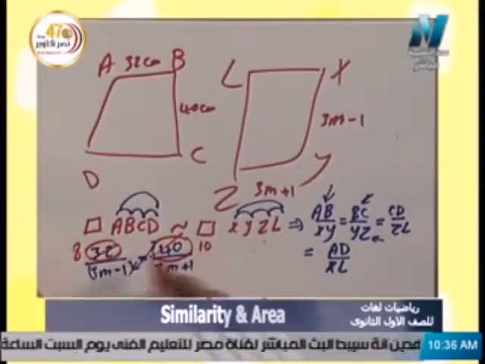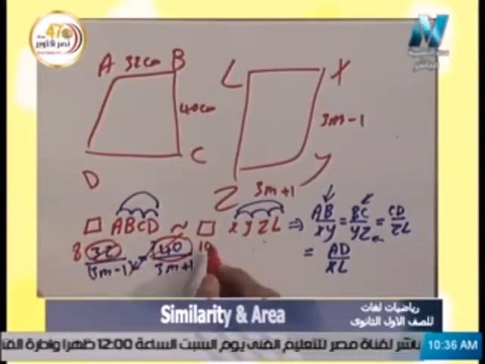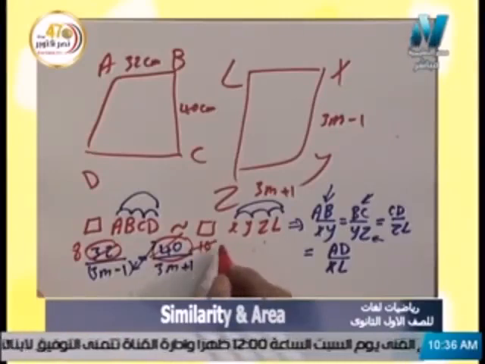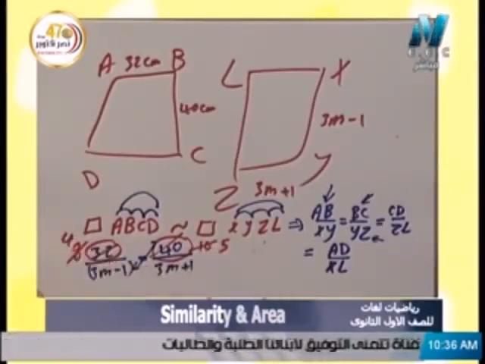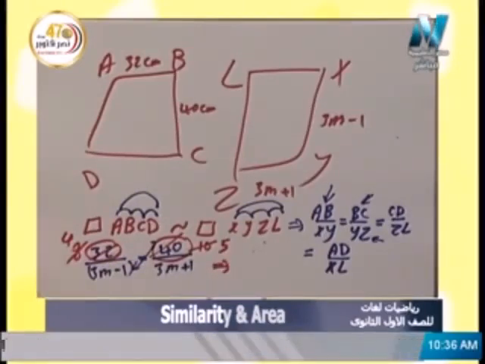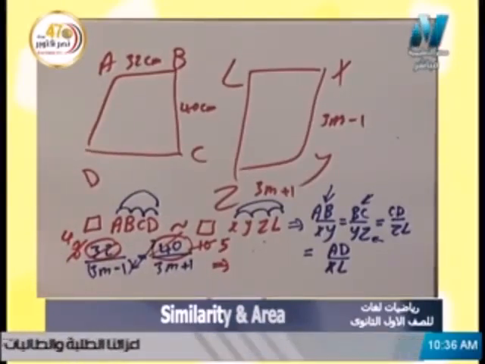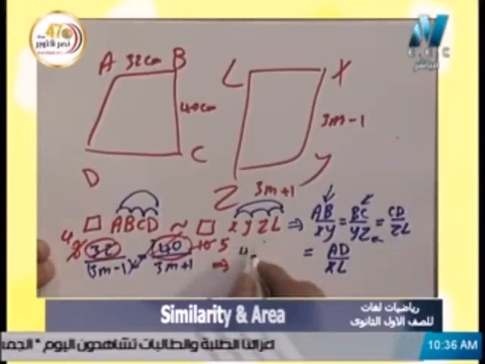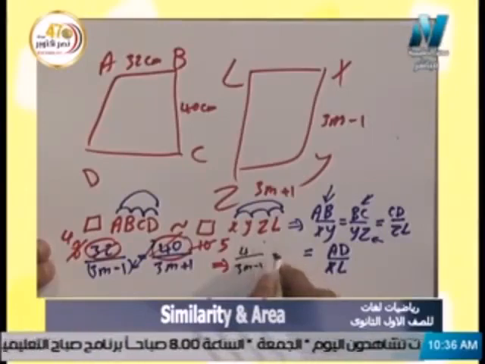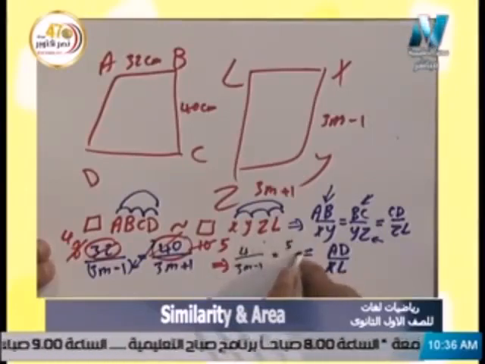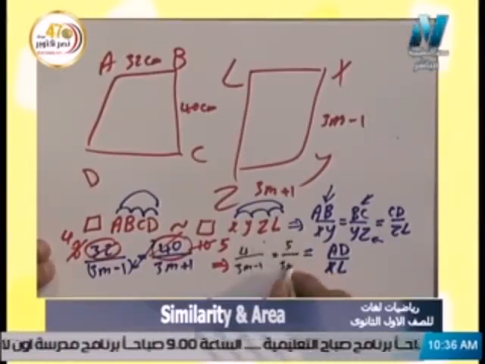Also 10 and 8 are divisible by 2, so divide by 2 equals 5, and 8 divided by 2 equals 4. So the ratio in simplest form can be written as 4 over 3m minus 1 equals 5 over 3m plus 1.